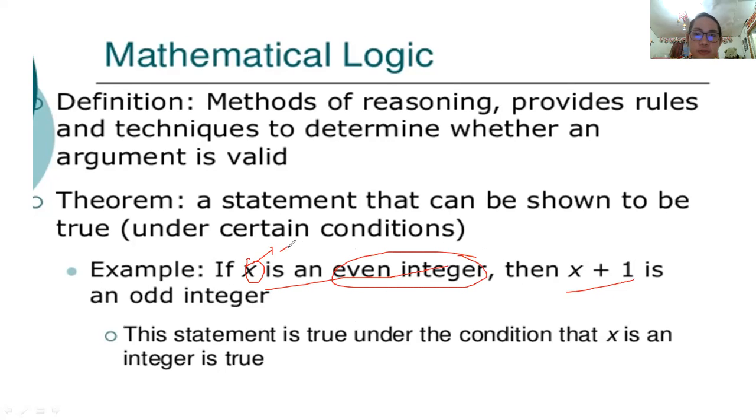Example, your x is 2. So if your x is 2, then this gives you 2 plus 1, which is equal to 3. And then the statement now is true because x plus 1 is an odd integer. See? So again, if x is an even integer, then x plus 1 is an odd integer. That's how you check it.